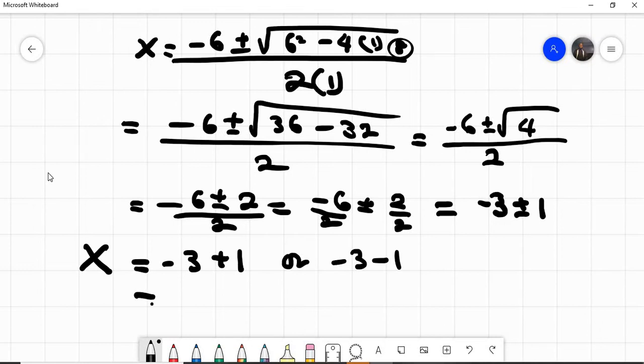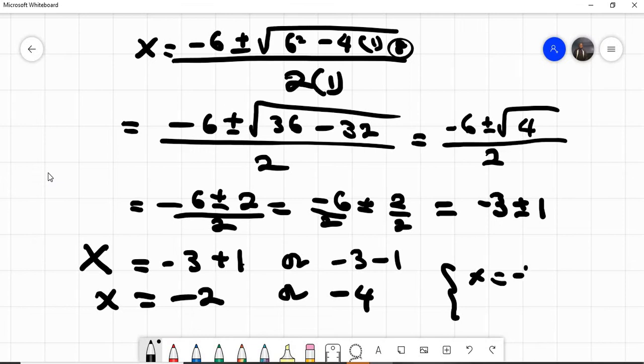And then x equals minus 3 plus 1, which is going to be negative 2, or x is going to be negative 4. So that's our x. Our solution: x is minus 2, and the other x is going to be minus 4.